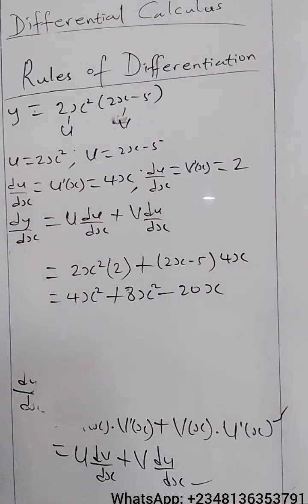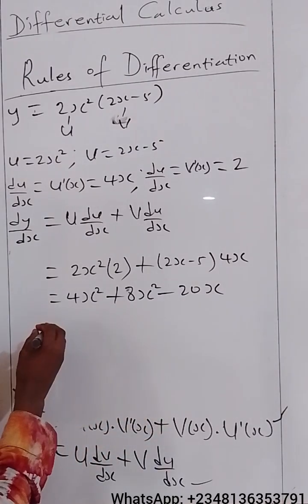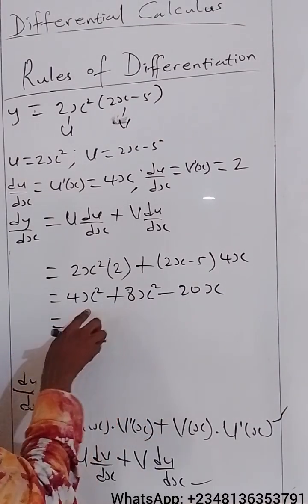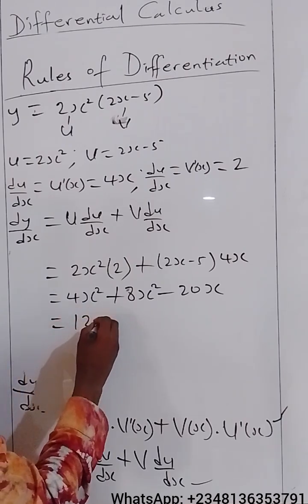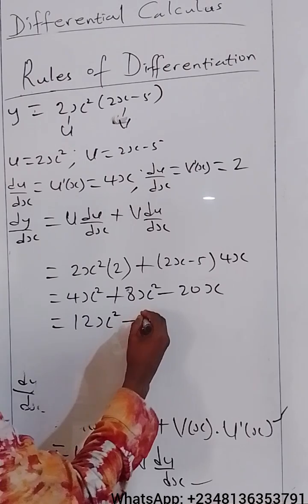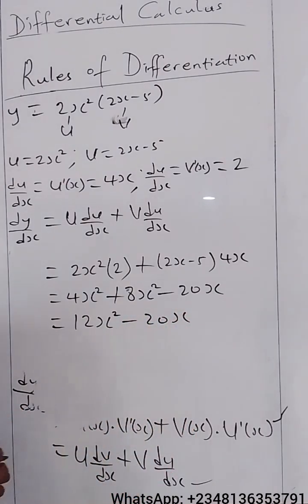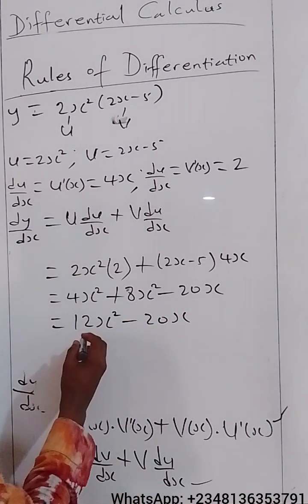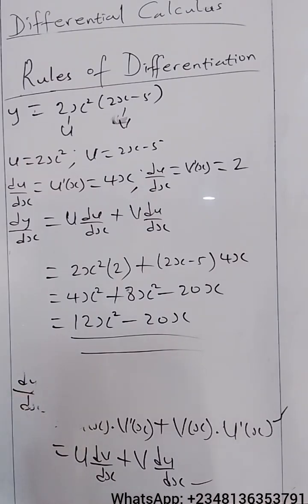Okay? So, do you have any common factors? Yes, we do. We add these together, we have 12x squared, then minus 20x. I think this is the final answer.